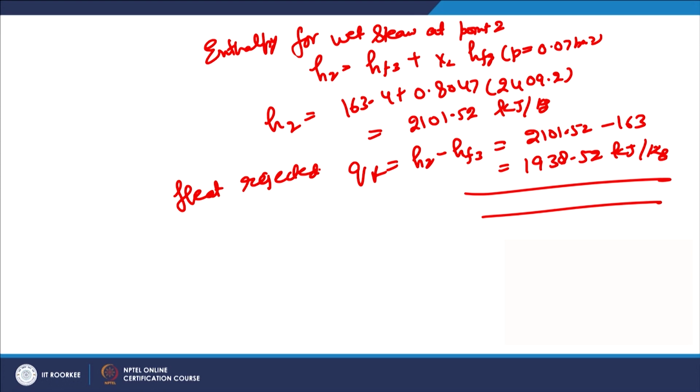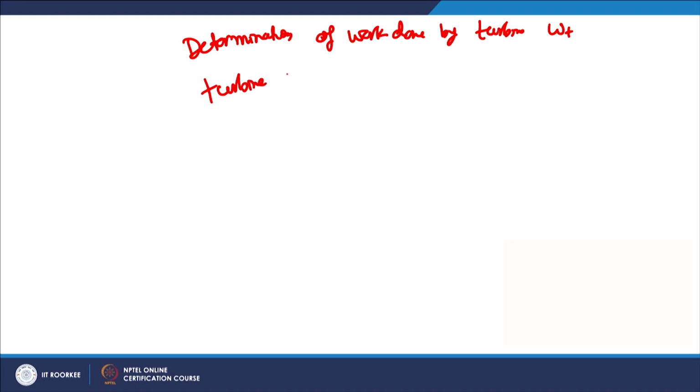Now another thing, that is determination of work done by turbine. Turbine work, WT is equal to superheated enthalpy at point number 1 minus enthalpy at point number 2.